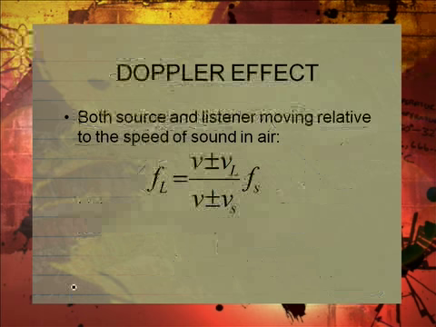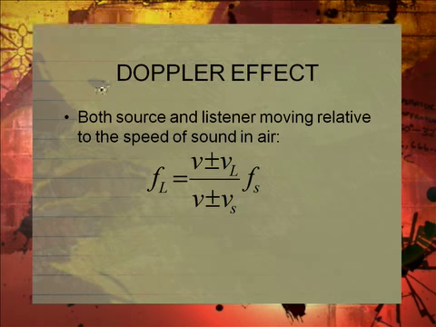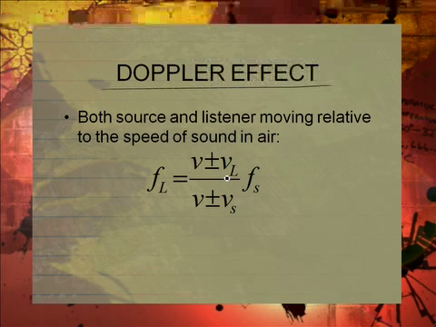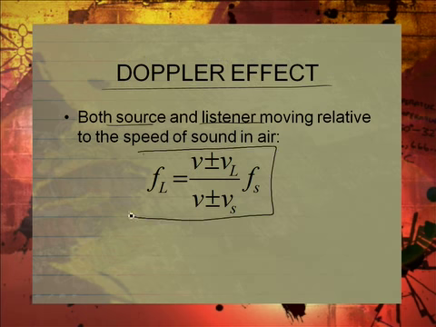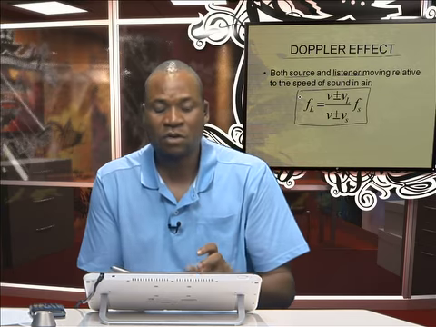Next, when we put together this equation, where both source and listener are moving relative to each other and to the speed of sound in air, this is what we get, and this is what is going to be given to you as one of the formulas at the end of the year in the question paper.